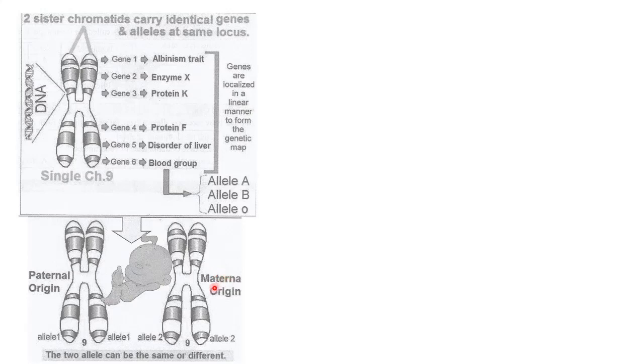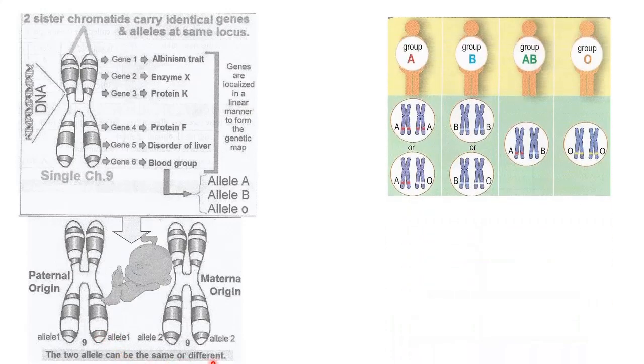Now on these 2 chromosome 9, we are going to have 2 alleles. Although we have 3 alleles for blood group in nature, which are A, B, and O, each individual has the possibility of having a maximum of 2 alleles. But these 2 alleles may be the same or may be different.